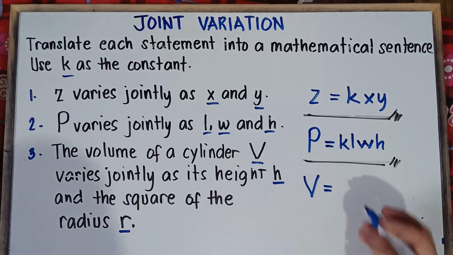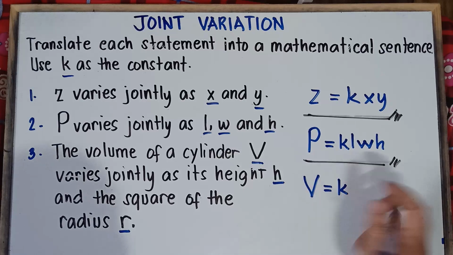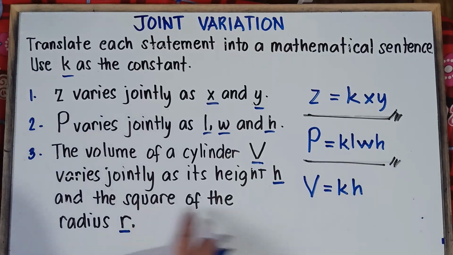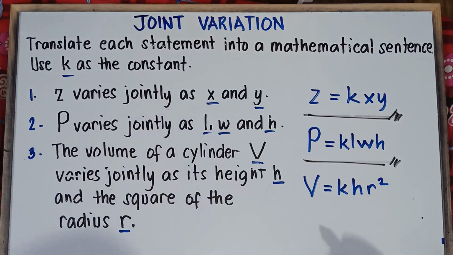Do not forget K. Varies jointly as its height, so copy H. And then the square of the radius. How will you write this one, class? The square of the radius. That's correct, that would be r squared. That's the answer for number 3.